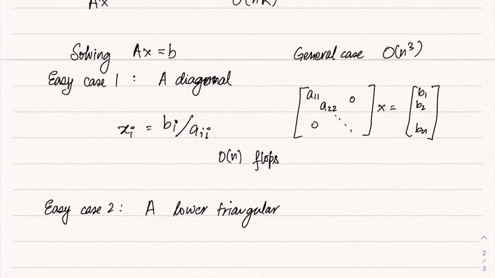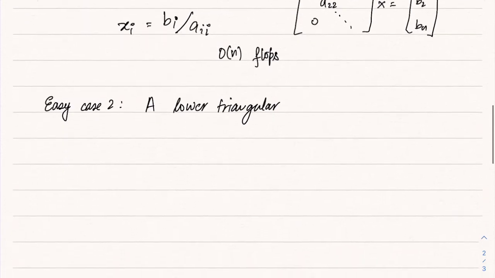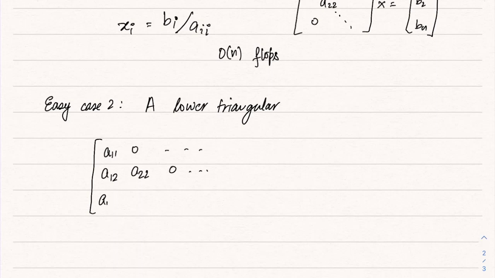But oftentimes you can utilize the structure and then the complexity goes down. So in the case of a lower triangular matrix, it would look something like this. You have A11, then all zeros, then A12, A22, all zeros, and A13, A23, A33.